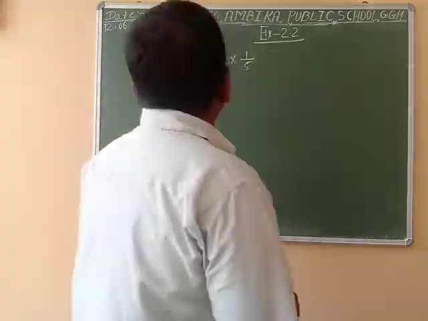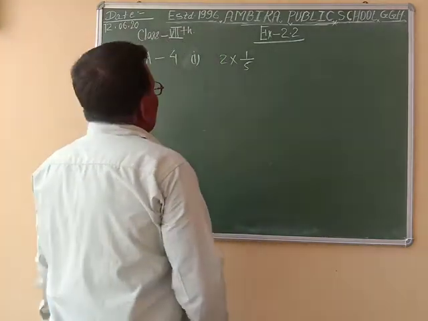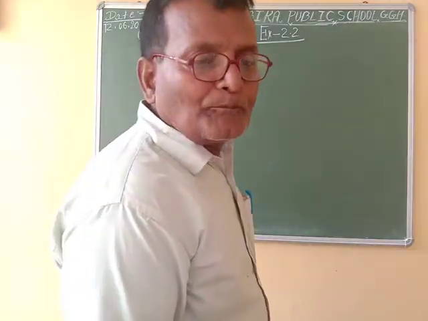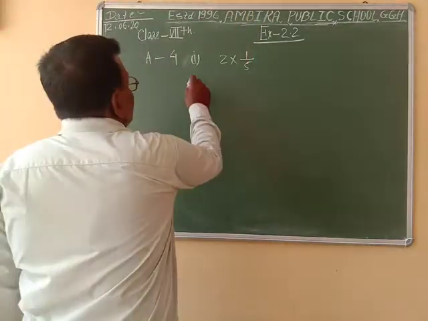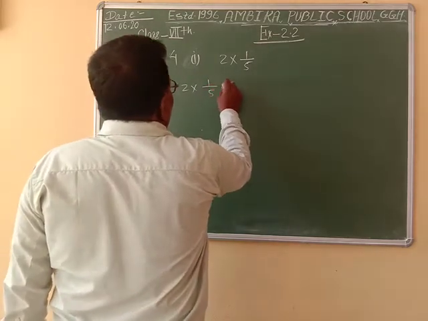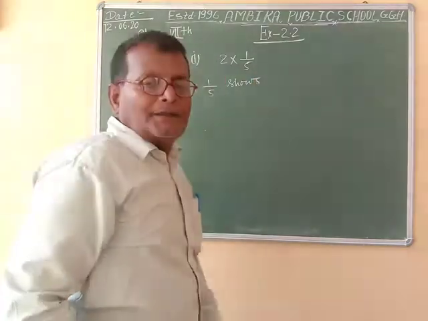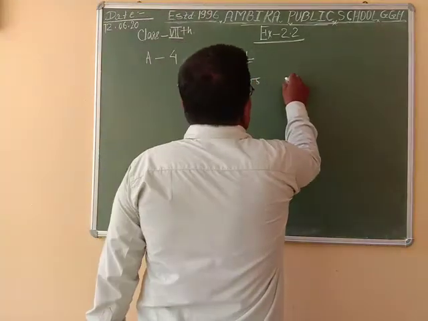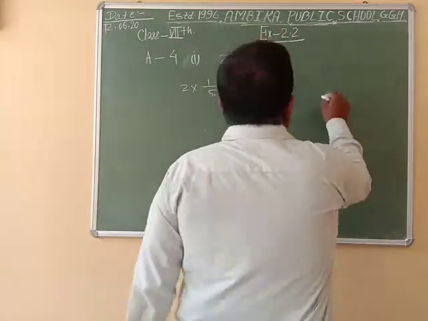So in figure D, 2 into 1/5 shows D number.